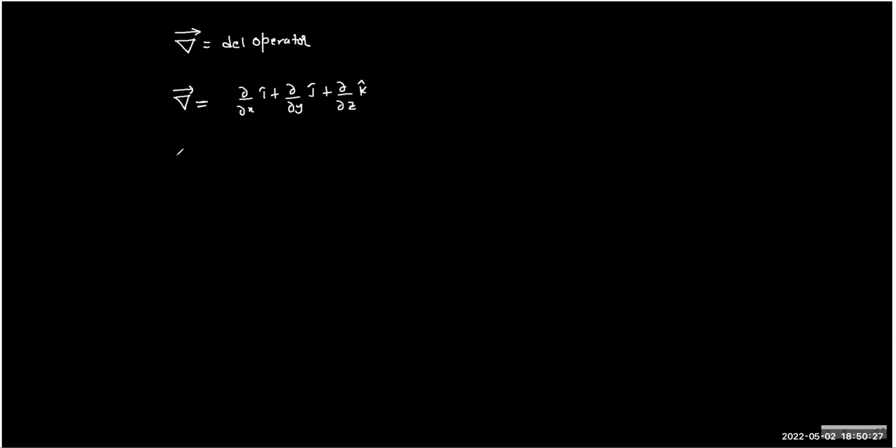So we can write the net value of electric field as minus the operator multiplied by potential. So this is the relationship between the electric field vector and the potential in space in general.